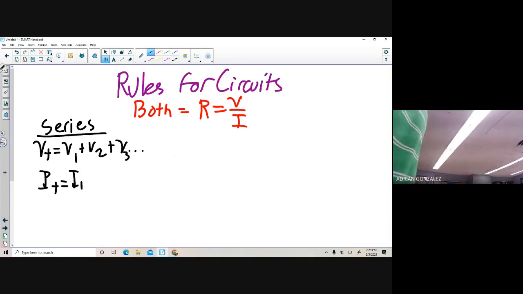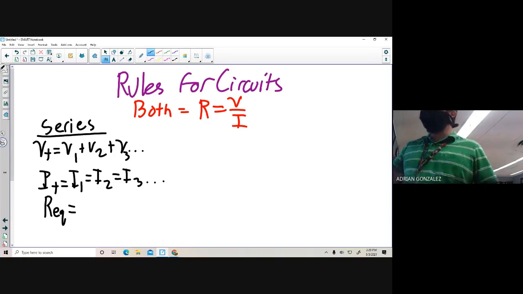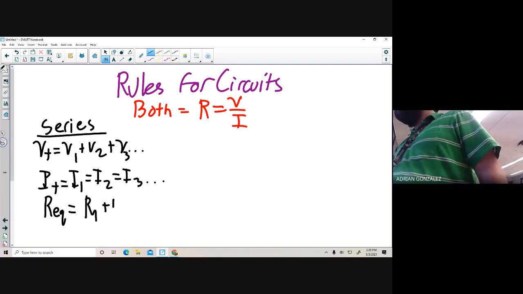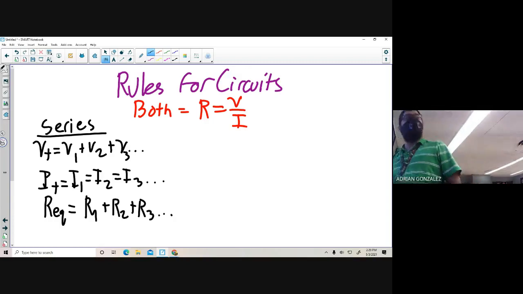So I1 equals I2 equals I3. And what's our rule for equivalent resistance? How do we figure out equivalent resistance? You add them. Right? Cool.